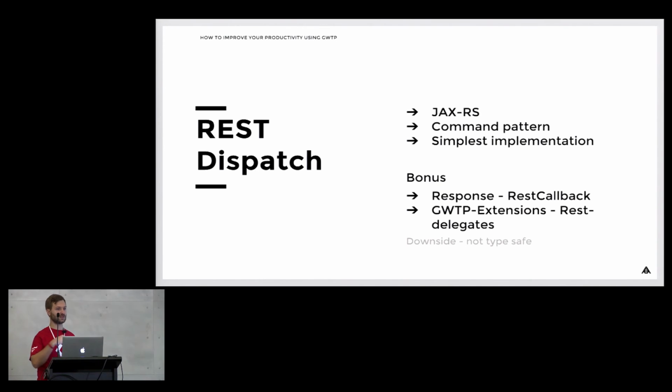So that's why we extracted it from GWTP. It's for users that know what they're doing, but the resource delegate hides the type behind, so you really need to be careful when using the rest delegates. But at the same time, it reduces a lot of the code that you have to write to call a single service. You don't need the dispatcher anymore.